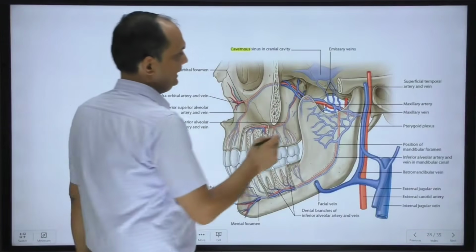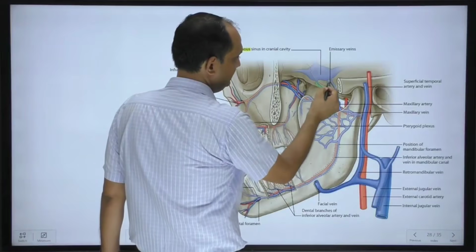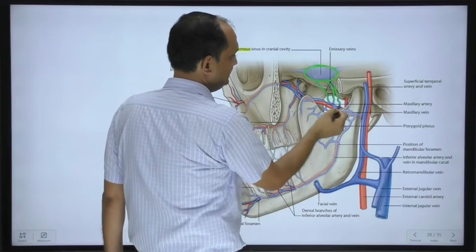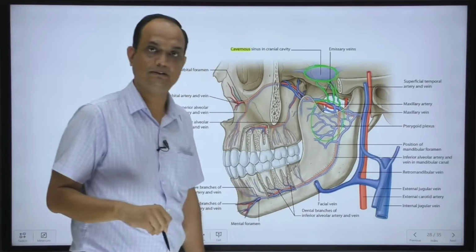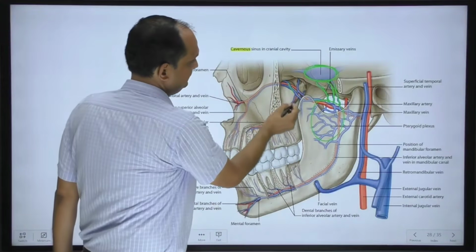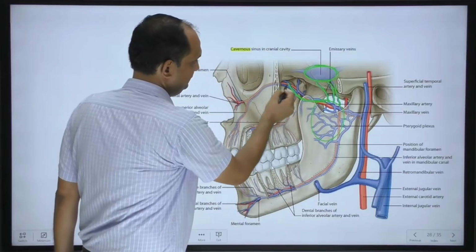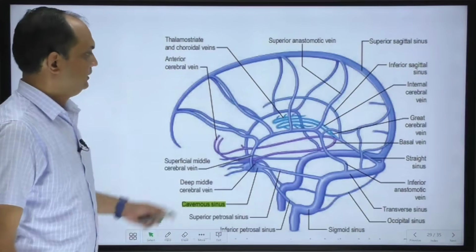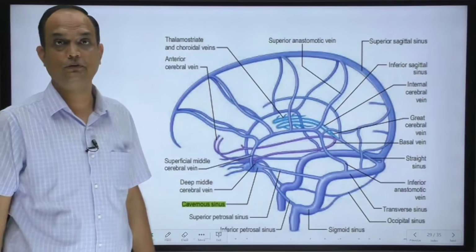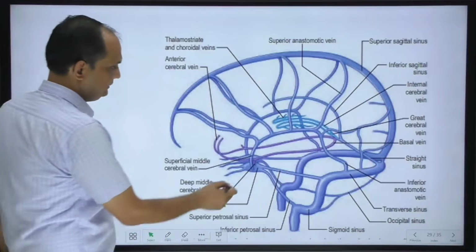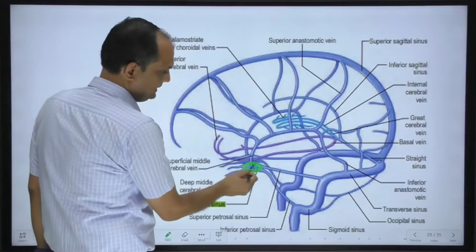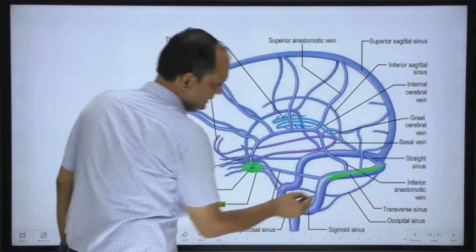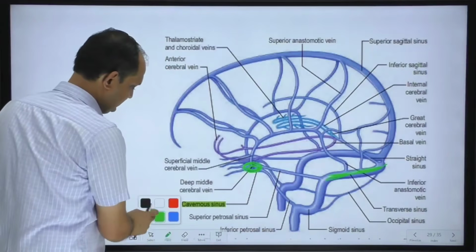Now in this diagram you can see that there are three emissary veins which are present here. They are entering inside to reach the cavernous sinus, and this is the pterygoid venous plexus. And this pterygoid venous plexus is receiving the inferior ophthalmic vein through the inferior orbital fissure. Now this is the summarized view of your cavernous sinus. Here you can see that this is the transverse sinus, and this transverse sinus continues with the sigmoid sinus.